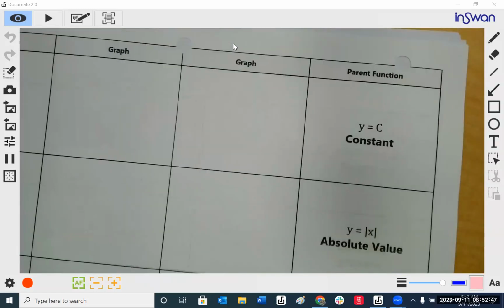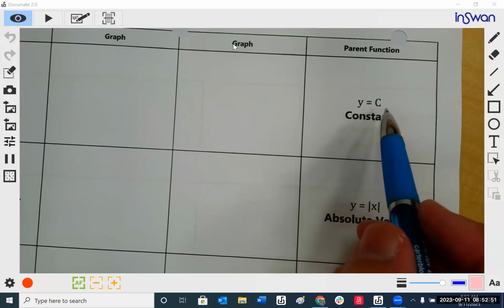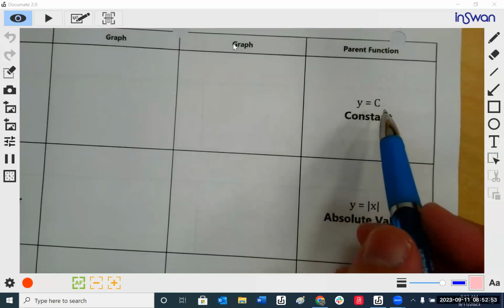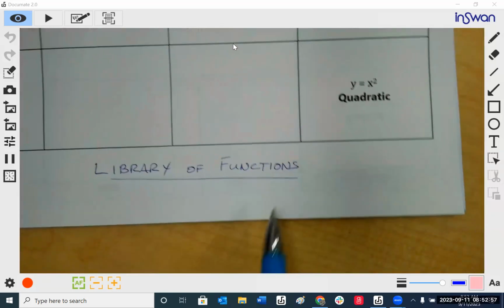We're looking at the first page, the one that has a C on the right-hand corner. So on the very bottom of that page, put library of functions.